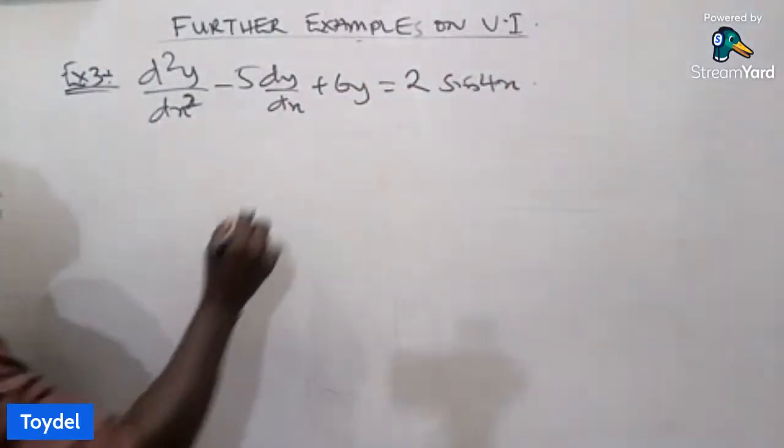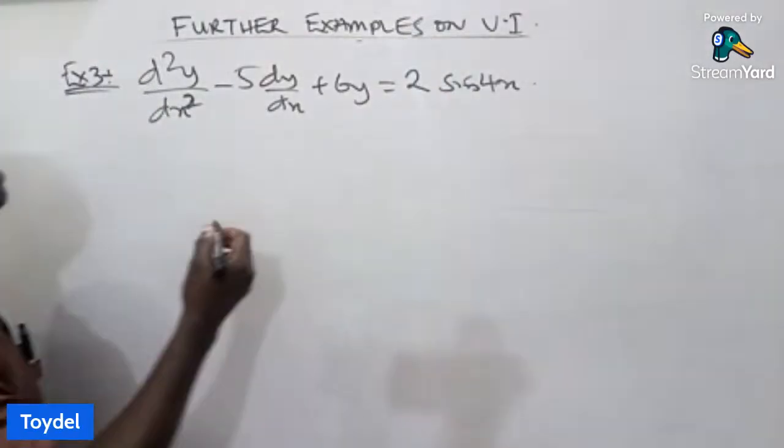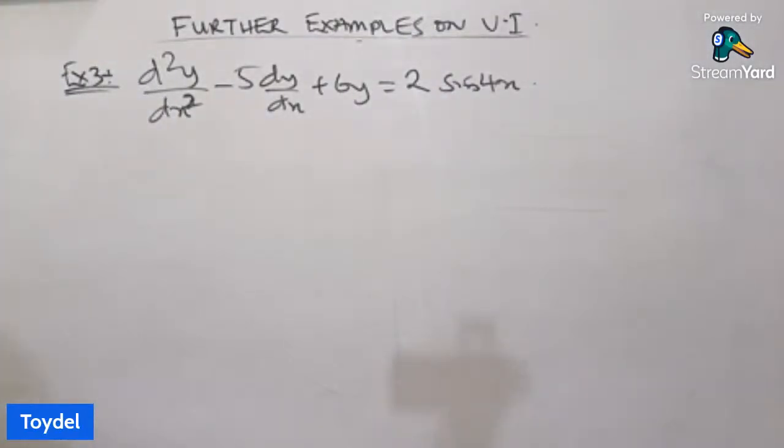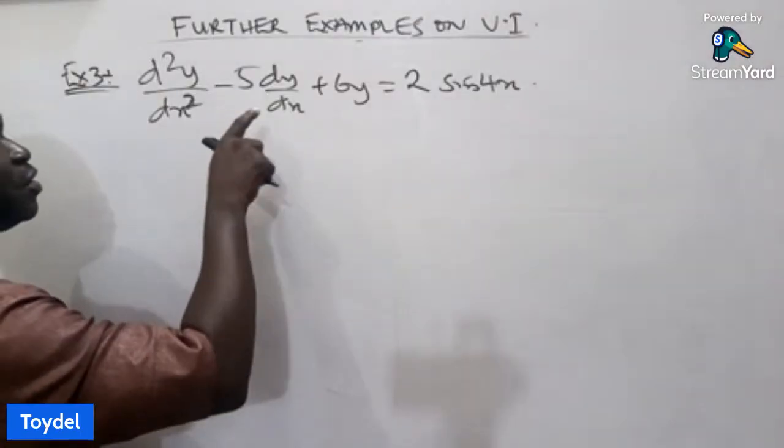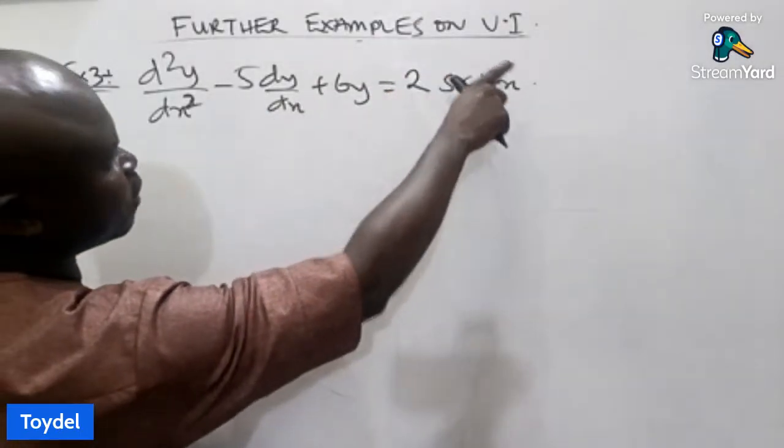If you check the video on a further example on undetermined coefficients, we used that method to solve this. So we now want to go ahead and solve this using variation of parameters.